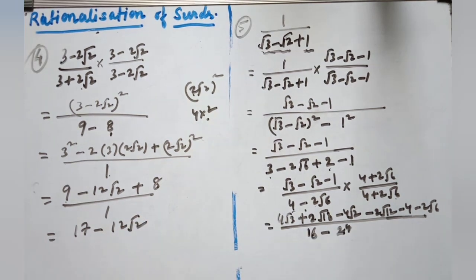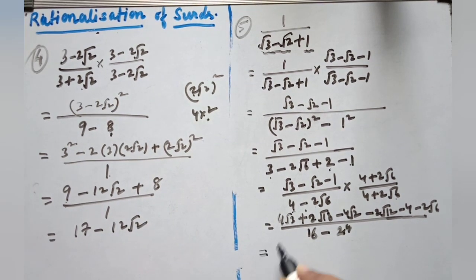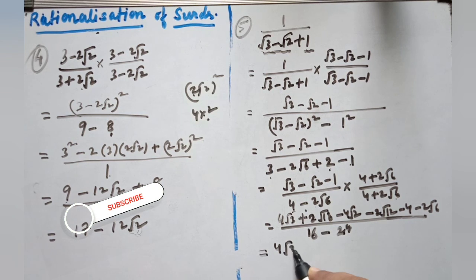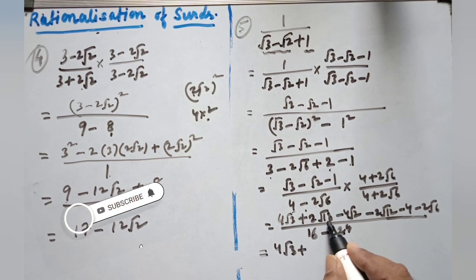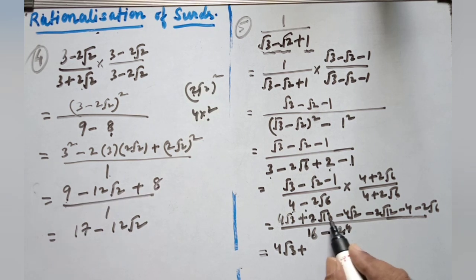Let us simplify each term. It becomes 4 root 3 plus root 18. Root 18 is actually 3 into 3 into 2, so out of those 2 3's we can write it as 3 root 2, meaning 3 we can take out, and that 3 will be multiplied with this 2.